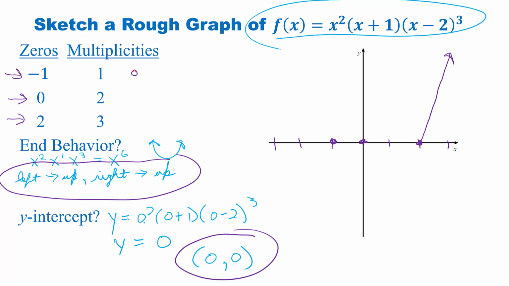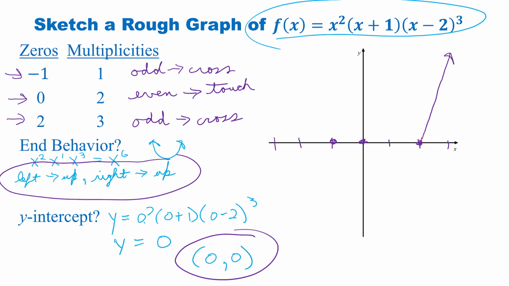So an odd multiplicity, like we have with x equals -1 and x equals 2, tells me the graph is going to cross the x-axis. An even multiplicity, like we have at x equals 0, an even multiplicity of 2, tells us the graph is simply going to touch and bounce at that point.